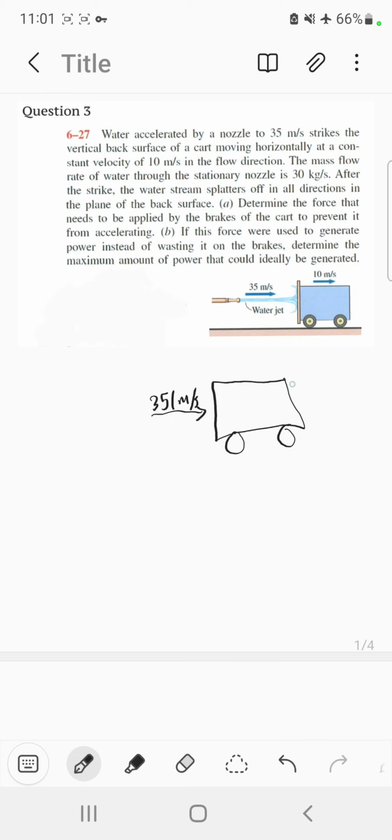And we know the cart is moving 10 meter per second. And if we use the brakes, the force is going to be like this because it's trying to stop the cart. So let's say here is the force for the brake.